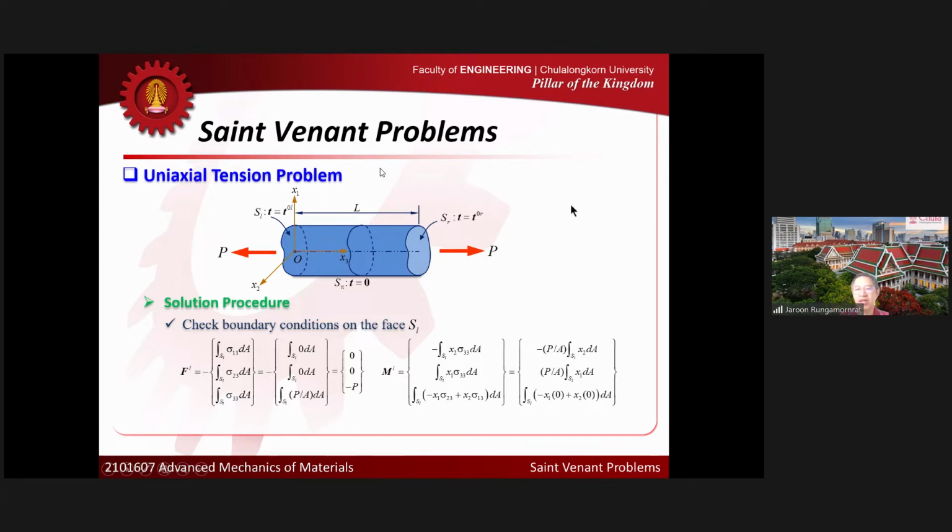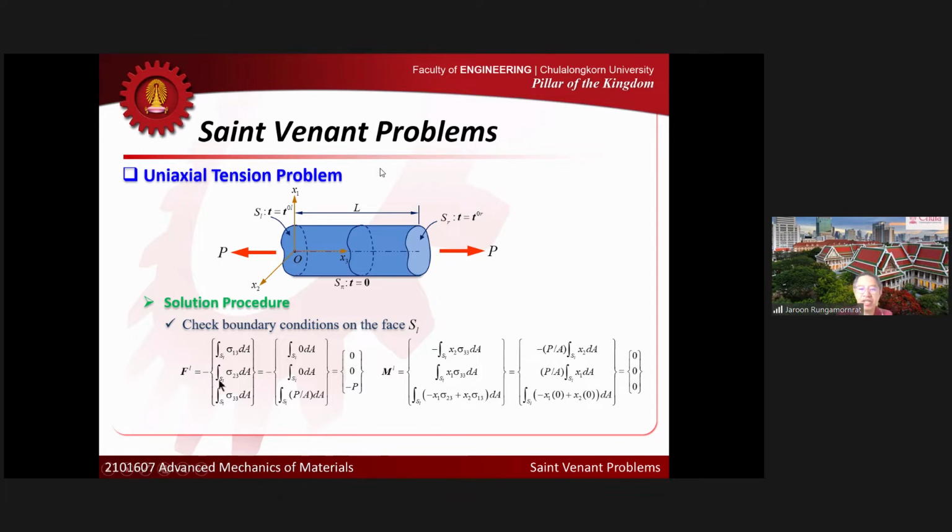The distance from the origin to the centroid of the cross section is 0. So this term has to be 0. If you remember the definition of the centroid, this can be obtained easily. So now we get 0, 0, 0, right? So we get 0 net moments for the stress field that we guessed.